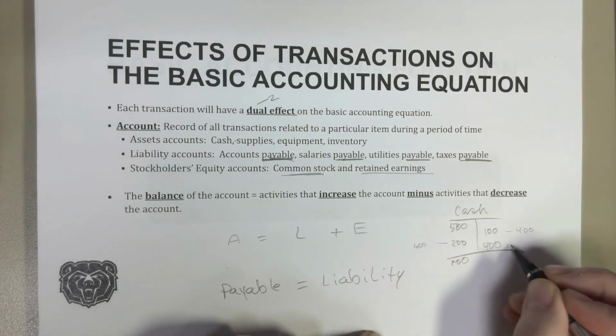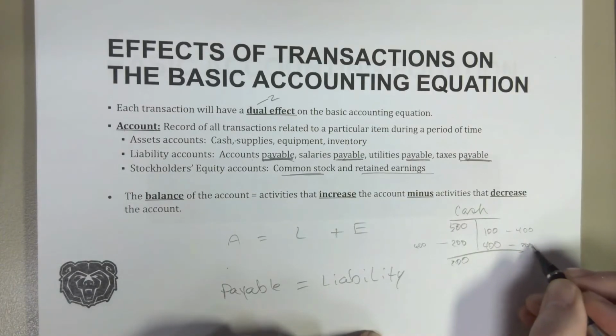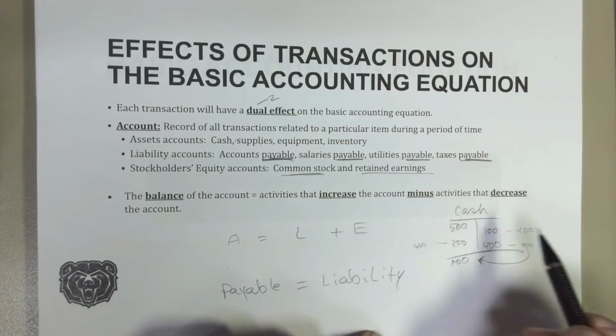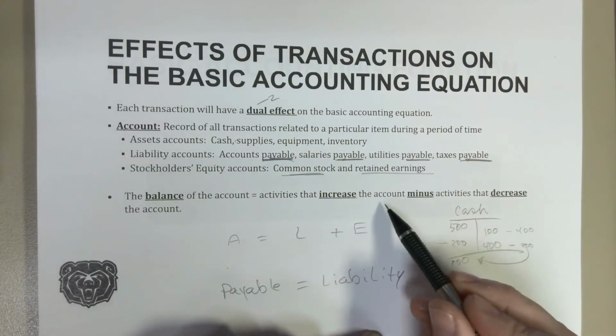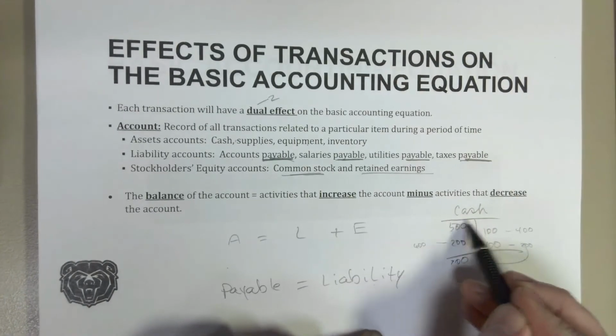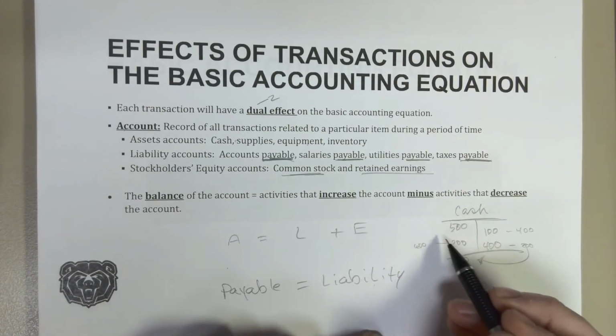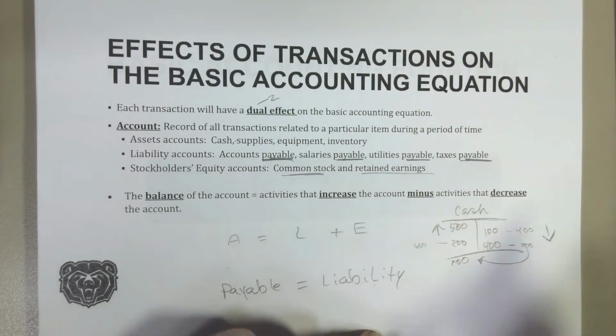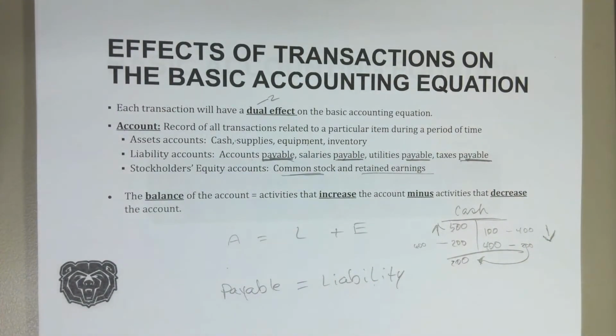And we used another 400, that gives us 200, which is our ending balance. So that's what we mean, right? It's all those activities that increase the account minus any activities that decrease the account. And with cash, as we'll learn, we add on the left and we subtract on the right. We'll talk about that a little bit later.